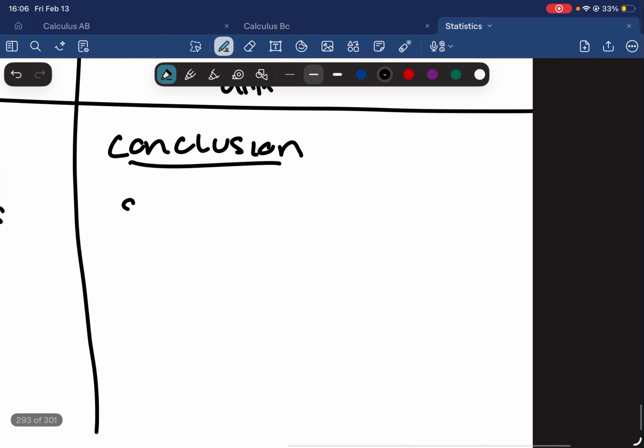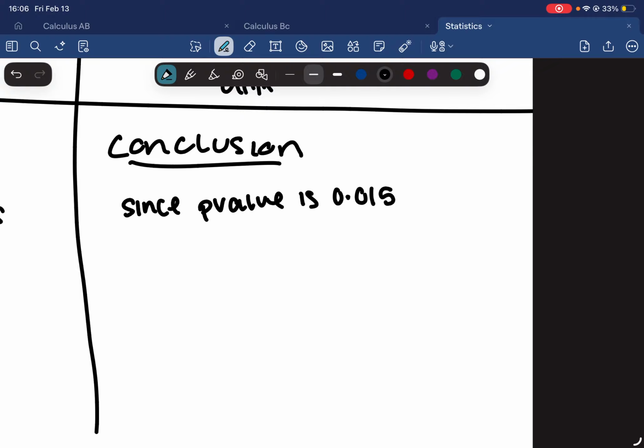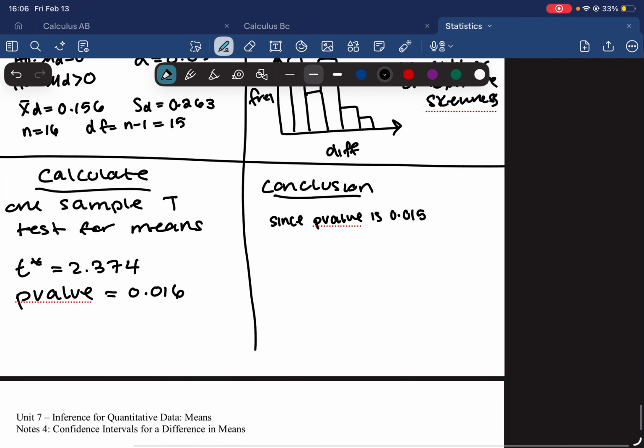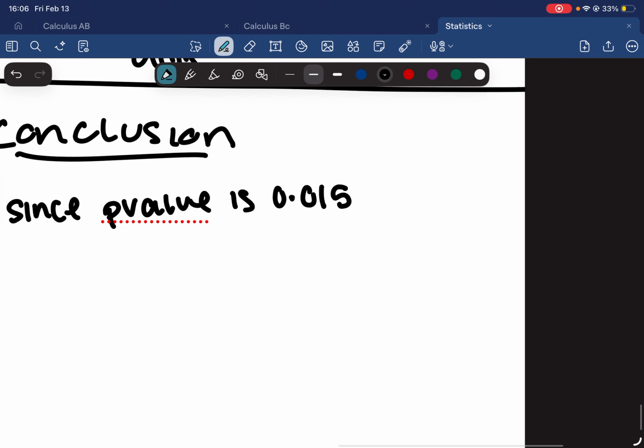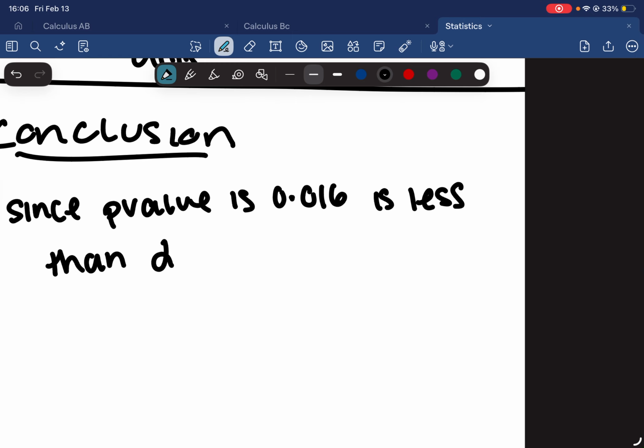And so I'm going to say since p-value, what did I write? 0.016, is less than alpha equal to 0.05.